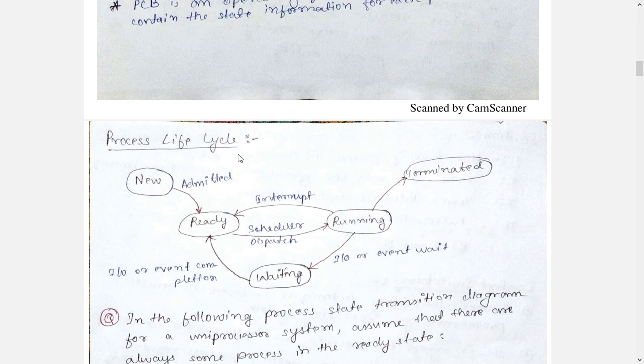While in execution, this process circulates through various stages. It finds itself in various states as and when during its execution. So when a process is loaded into the main memory, it is in the new state.